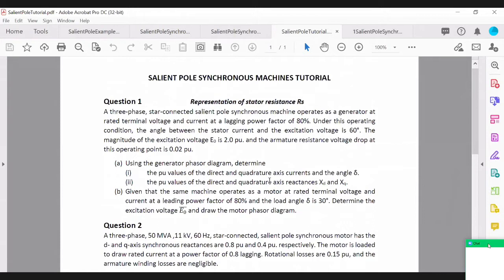Also in the next part, we will reverse the operation of the machine into motor operation, and determine the excitation voltage for the motor and draw the phasor diagram. It's a little bit different in the way that we will analyze the machine.